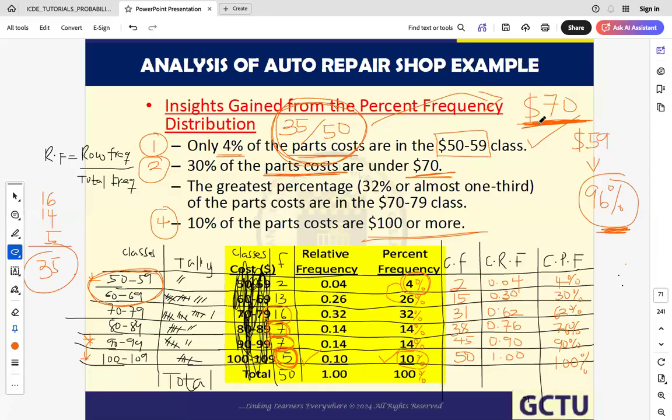And I feel this was a good day for him because anything below $70, according to their operation, is not too good. So if 35 out of the 50 invoices or sales you've done in a day is more than $70, then the better picture is that the business went well. The business went well on that day.